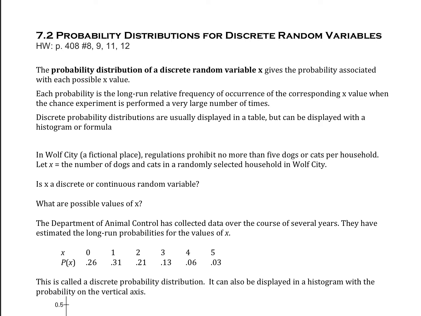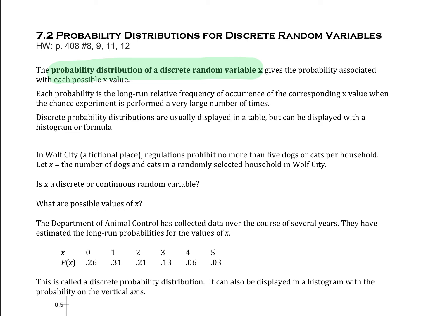7.2 is probability distributions for a discrete random variable. All right, so there's kind of a long definition. Let me try to summarize it for you. The probability distribution of a discrete random variable x is just a table or a chart that shows you every probability for every single possible numerical value of x.